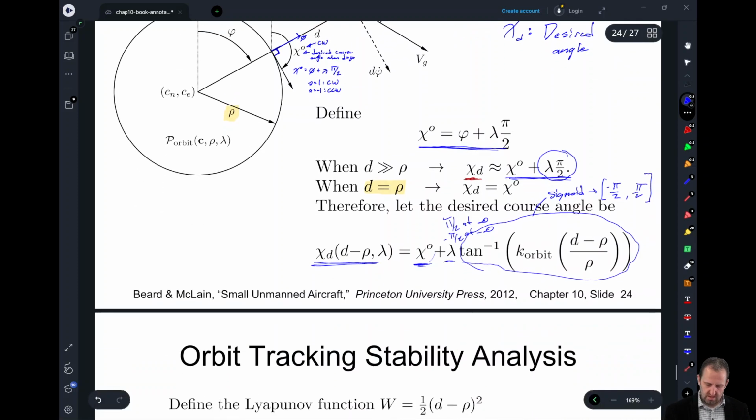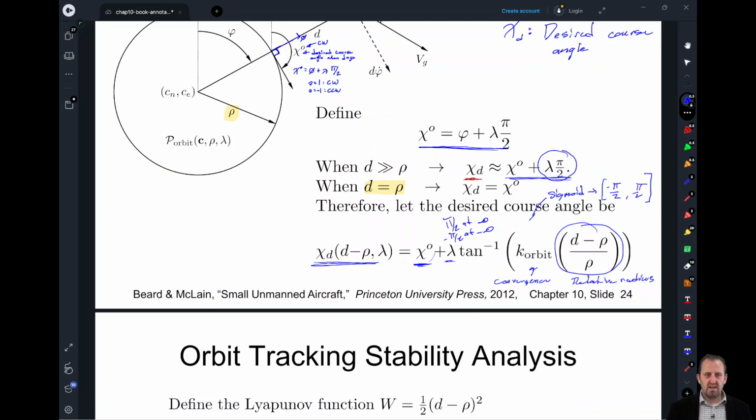Now, similar to before, we have this k, k sub orbit. This is just a convergence factor, just like before for the line. And this is what we're going to call our relative radius, defined as d minus rho, all over rho.